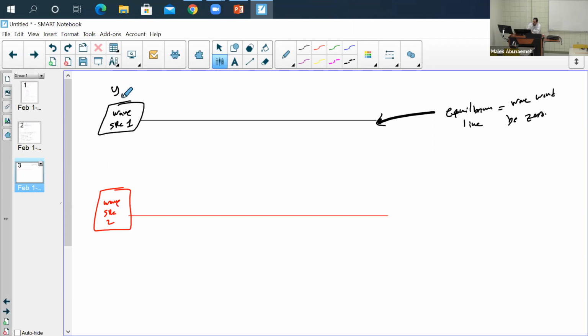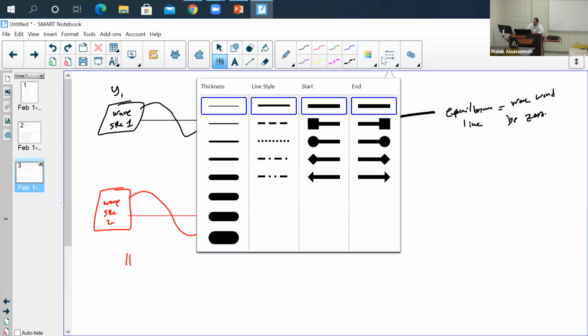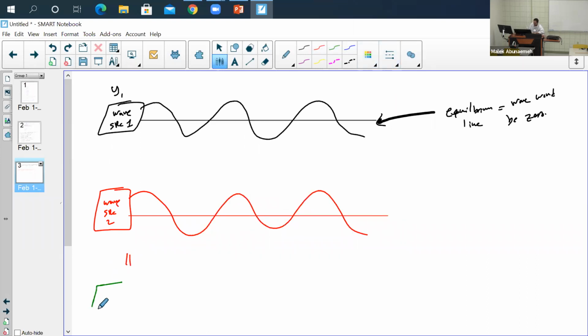So this is your source Y1, and you're getting a wave that's going in. And this is your source Y2, going also another speaker. You're having another wave going in. Well, if you actually added them up, your total wave, let's say this is the 1 and 2 sources, will look something like this.